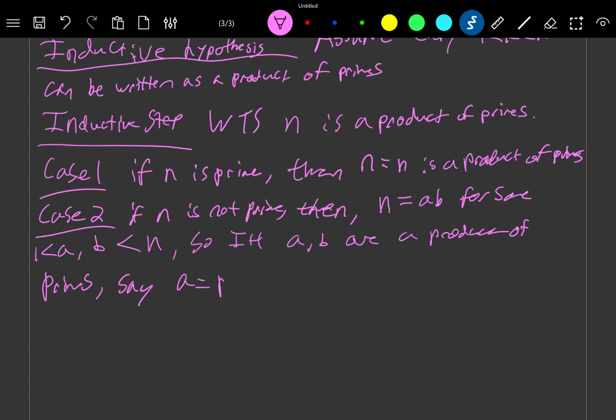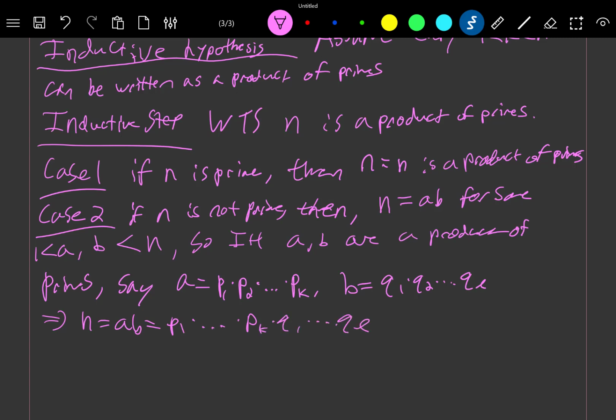Say a is p1 times p2 times up to pk, and b is q1, q2 up to ql. So then n, which is equal to ab, is p1 to pk times q1 to ql, a product of primes.